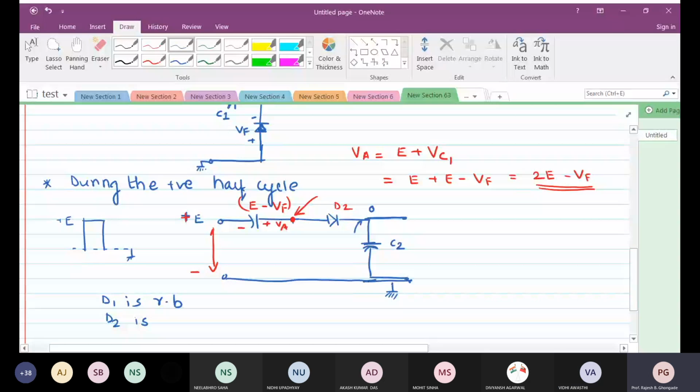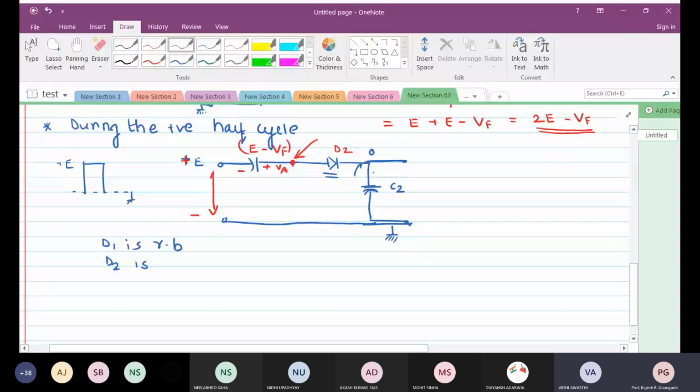So what will happen to D2? The anode is at a higher potential, and the cathode is at a lower potential, that is 0. So D2 is forward biased. Now if D2 is forward biased, it means I have a path.